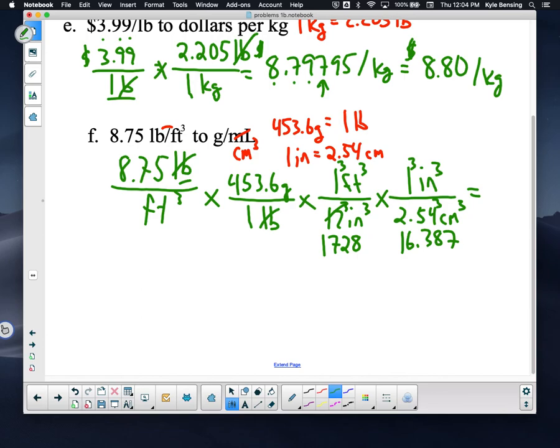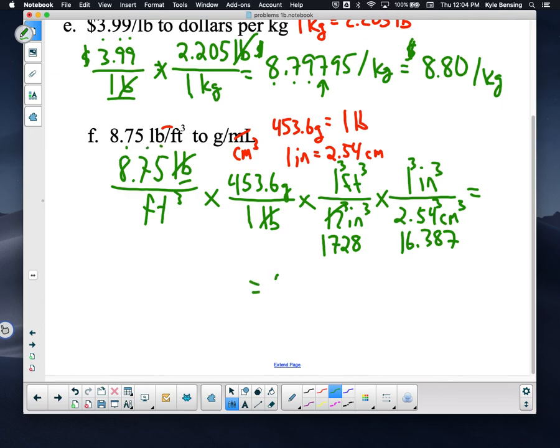And now I use my new numbers to find out what I end up with. So 8.75 times 453.6 equals, divided by 1728 divided by 16.387 equals. I start off with 3 significant figures, so that's what we're going to round off to.